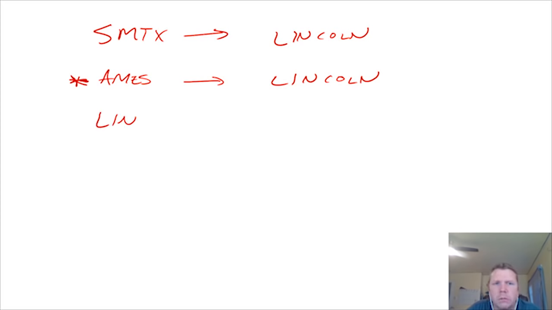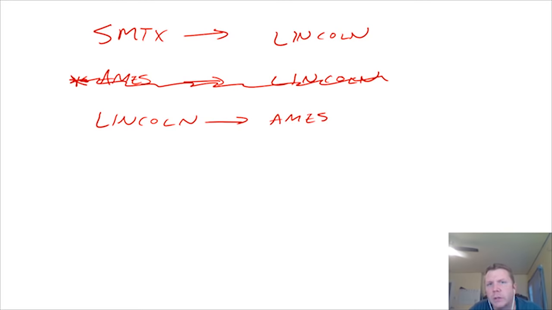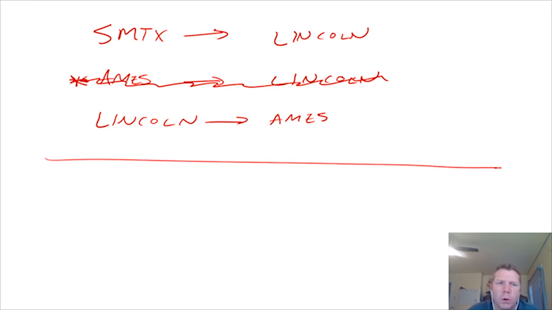So Lincoln to Ames. And so you'd be able to basically bridge the gap and say, okay, well, I'm going to go from San Marcos to Lincoln to Ames. That effectively would give you your overall reaction of San Marcos, Texas to Ames, Iowa.